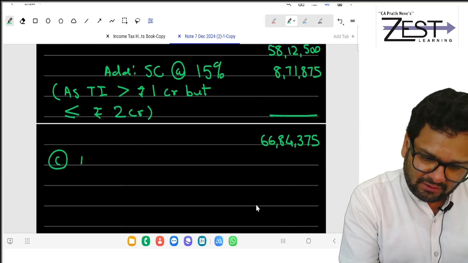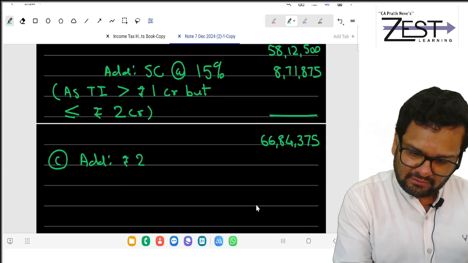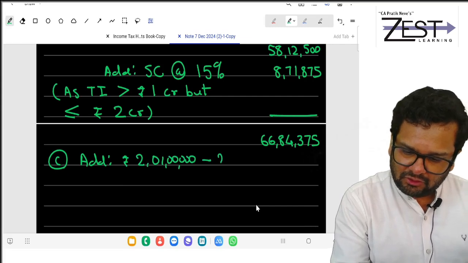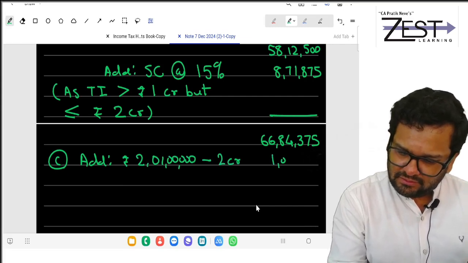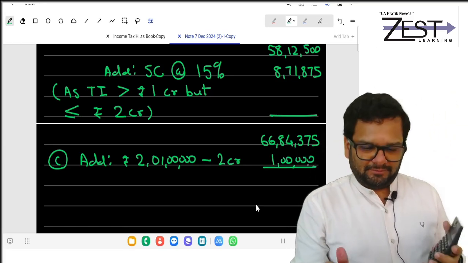You please give away. Give away how much? Yes. Add the difference between 2 crore 1 lakh and 2 crore. That is 1 lakh. 1 lakh you give away.